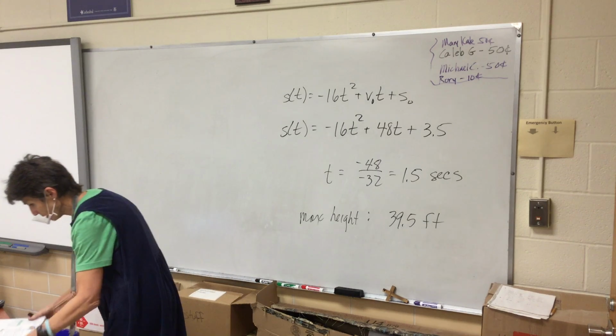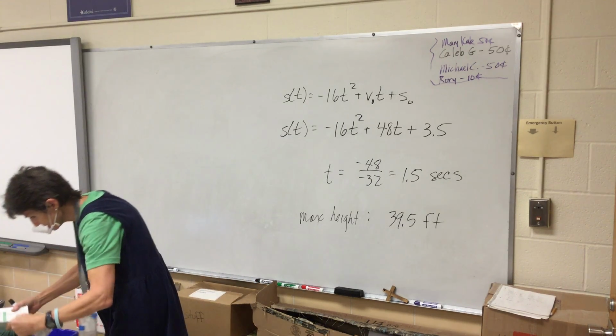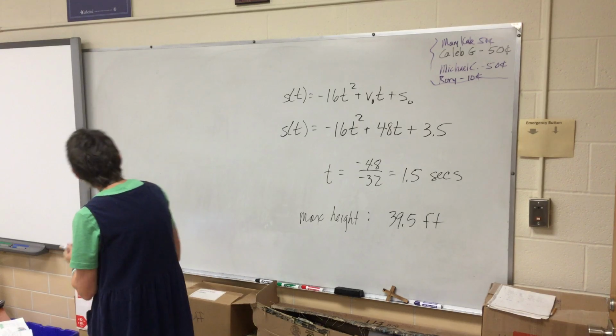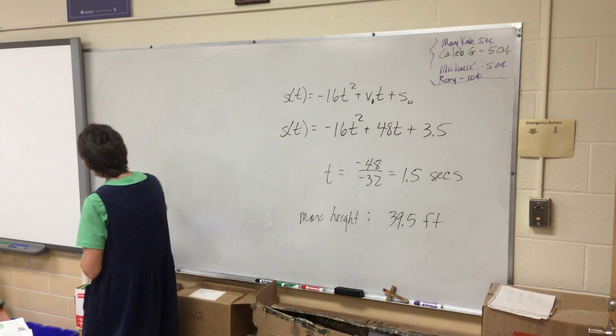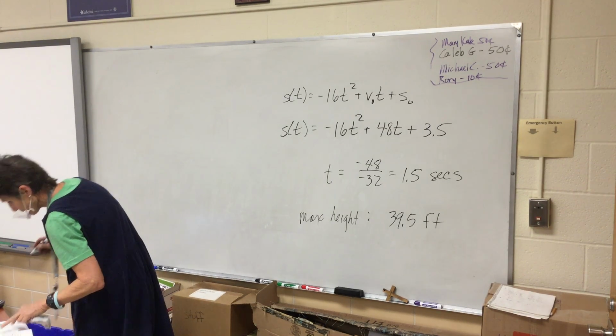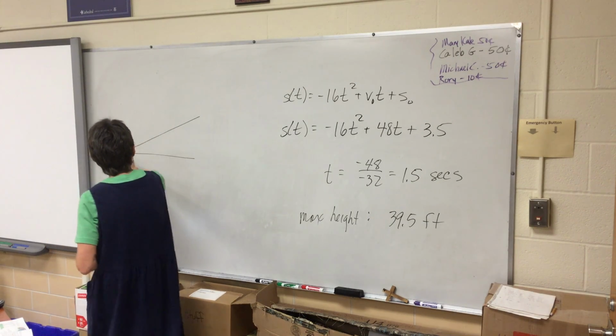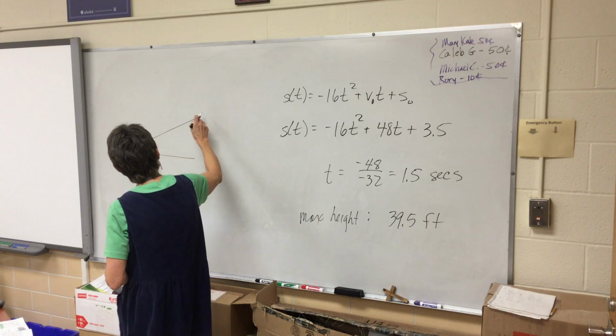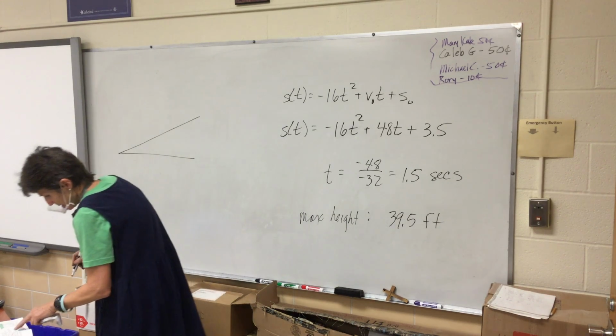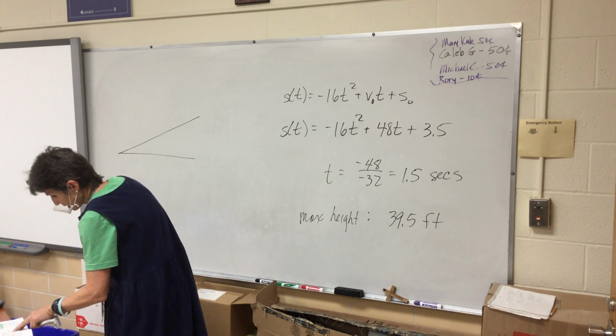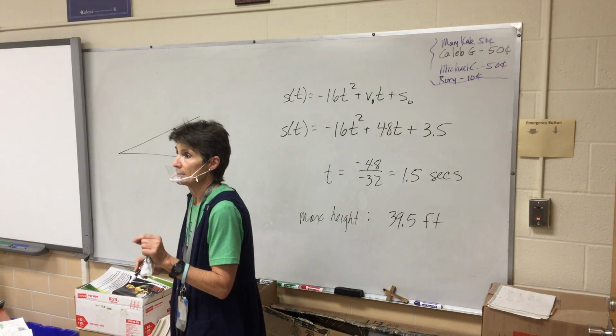All right, let's do one more on this page, number 66. Okay, so we've got a highway going up a mountain. So here's the mountain. And we are told that there's a 6% grade.